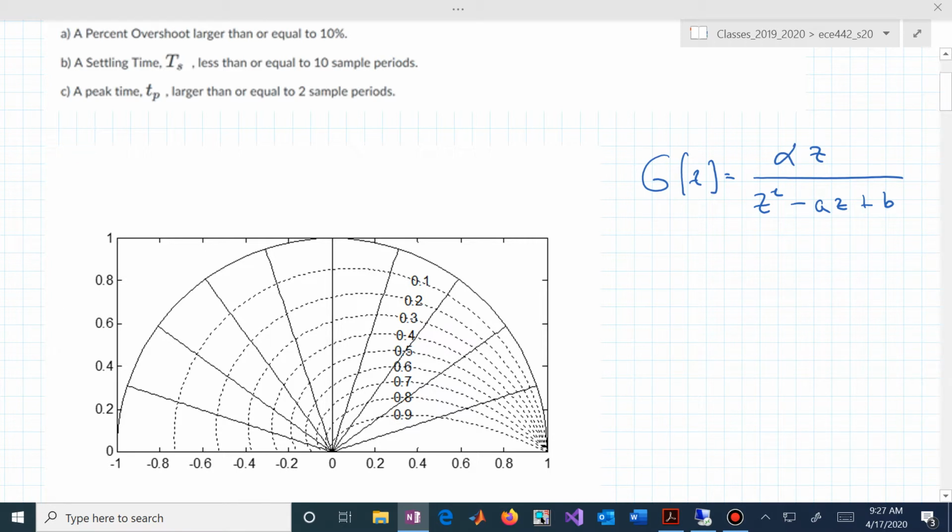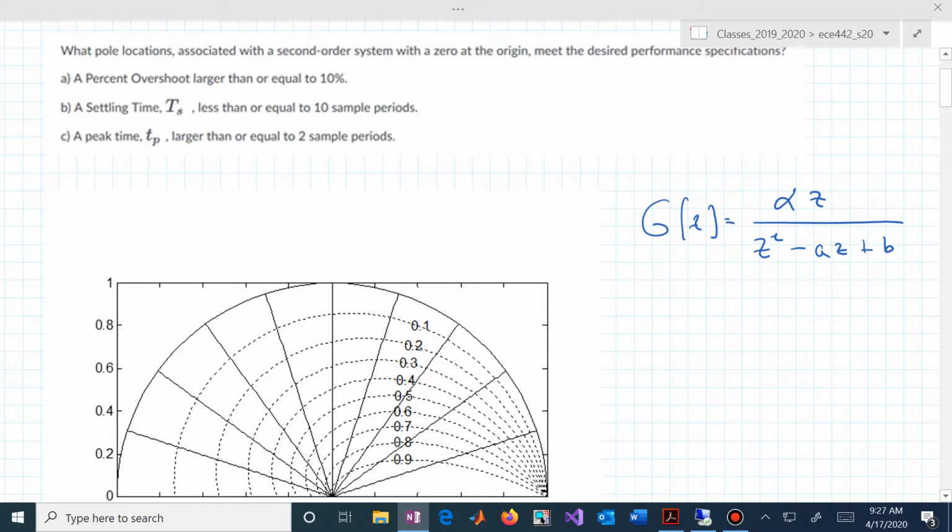You also have these zetas, what we've been calling the heart shapes. Those are indicated, and you can see that the smaller hearts, which correspond to less overshoot, are getting smaller as zeta increases from 0, which is the unit circle, all the way to the real axis, which is when zeta is equal to 1.